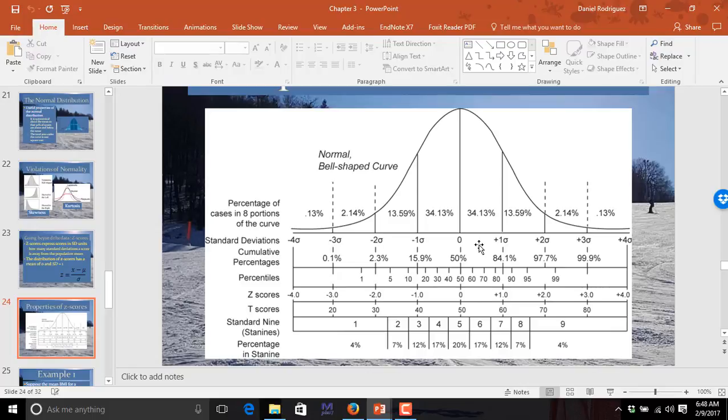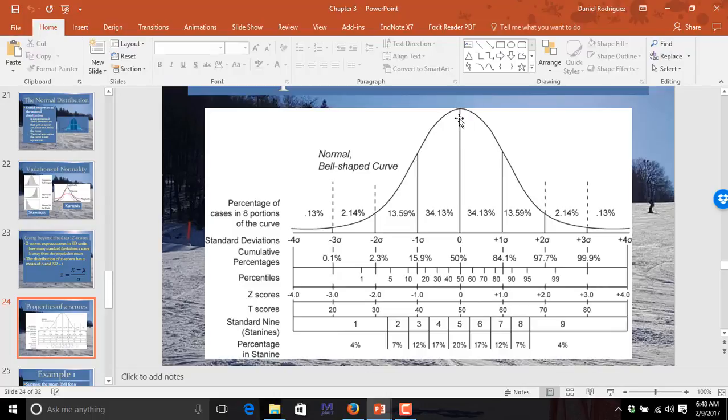Some other important points: between 0 and 1 standard deviation above the mean is 34.13% of the population. The entire population, 100% of the population, resides underneath this curve. This is the most frequently occurring value, also known as the mode, and you can see that by the size of this hump, it's highest at 0.